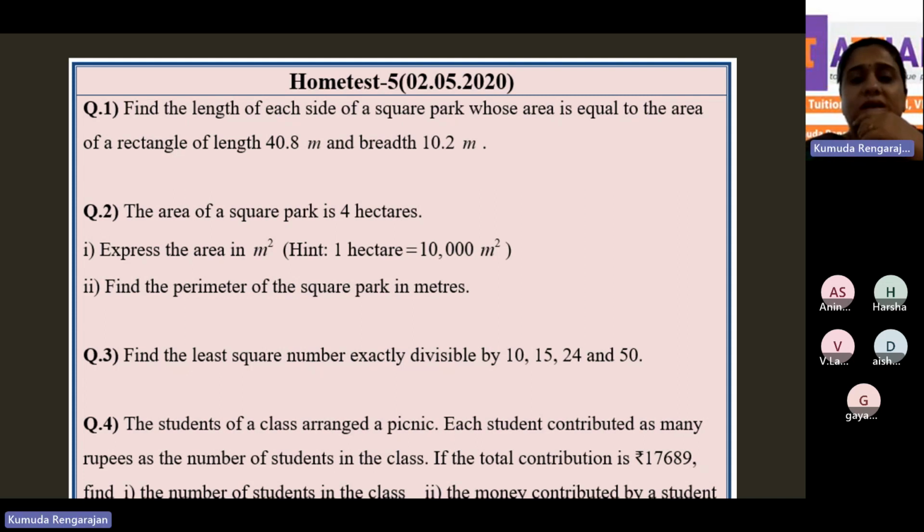Take down the first question and answer it. Somebody's mic is enabled. Please disable your mic.